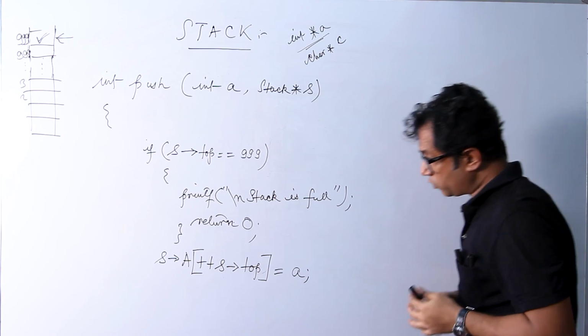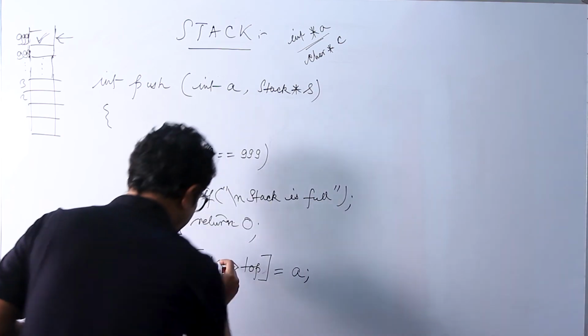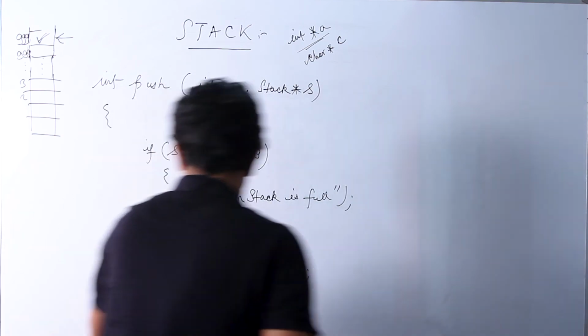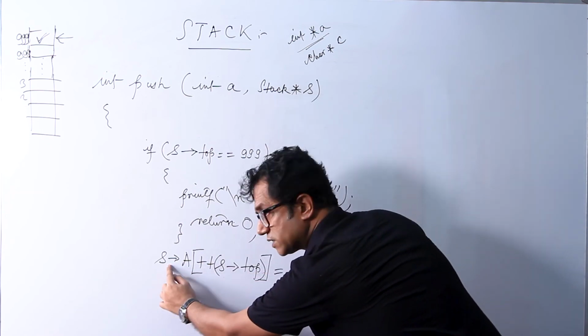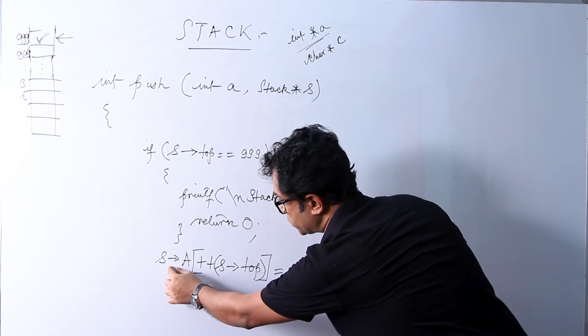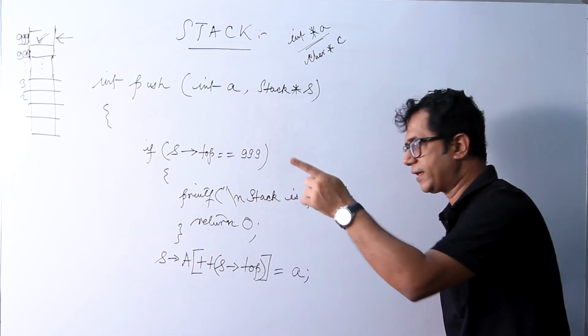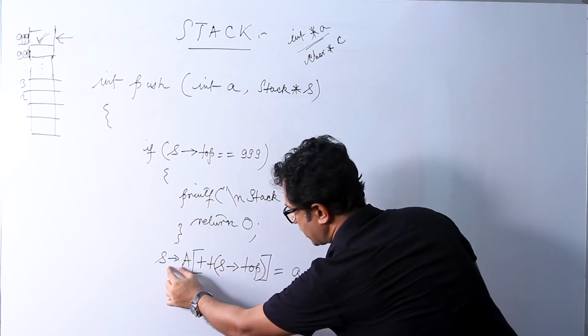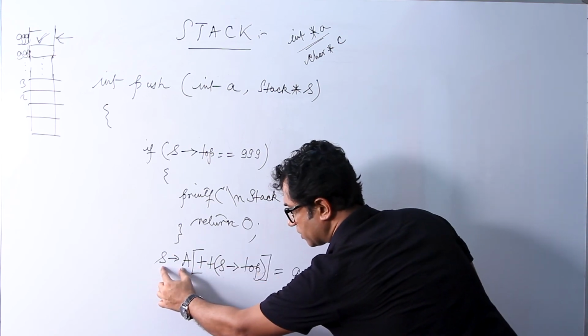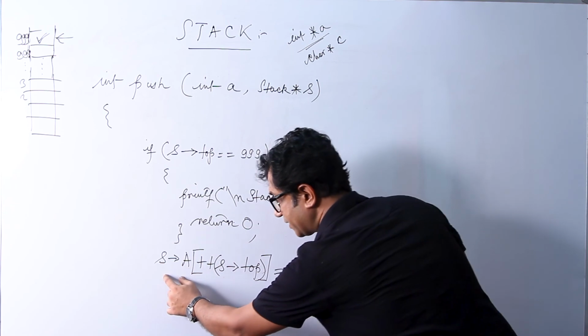So what have I done over here? Suppose I write a bracket over here. S is the stack pointer which can refer to either the array A or the integer element top. So this S arrow A means it is referring to the array in the stack data structure.